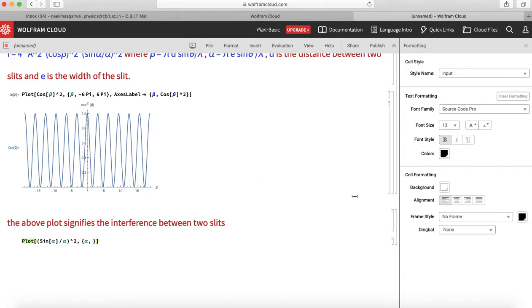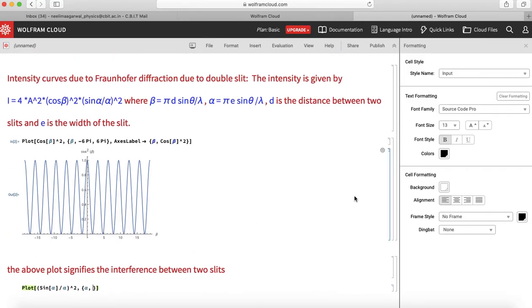One thing we have to specify is that there has to be some relation between alpha and beta, because beta is equal to pi d sin theta by lambda, and alpha is equal to pi e sin theta by lambda. Let us take d equal to 3e, for example. I am taking the distance between two slits as 3 times the slit width.